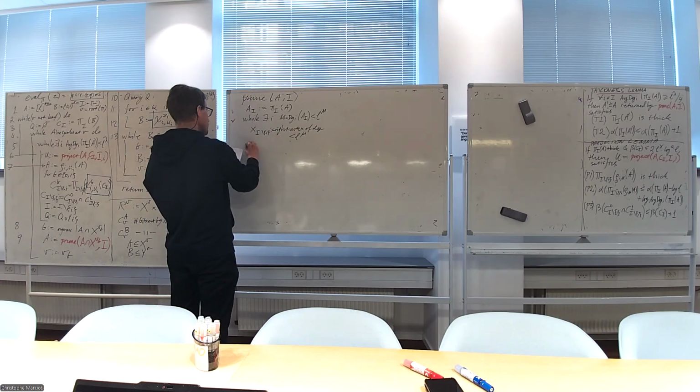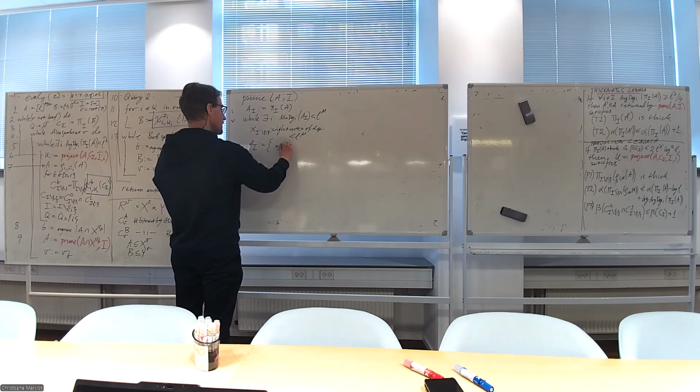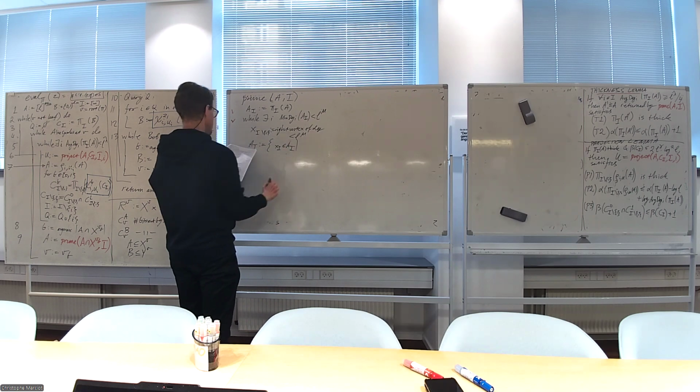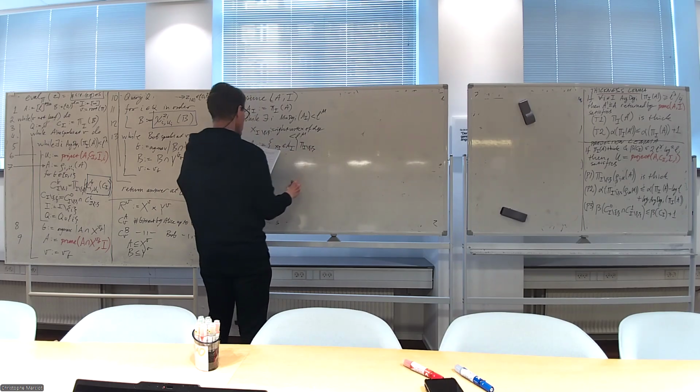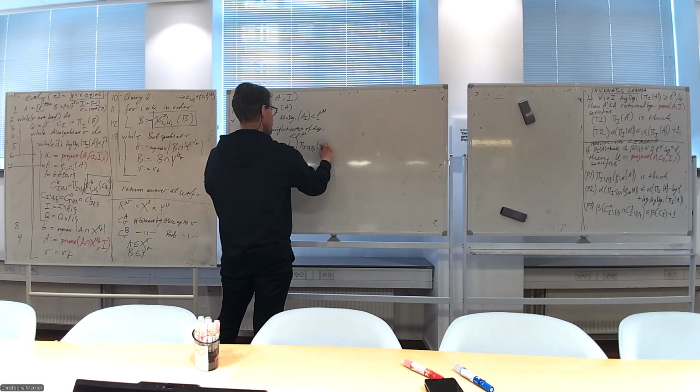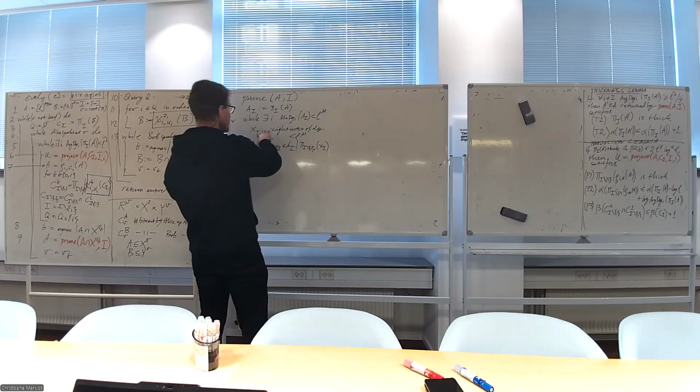So I just set A_I to be all x_i in A_I except, when I project away the ith coordinate, I shouldn't get this guy.